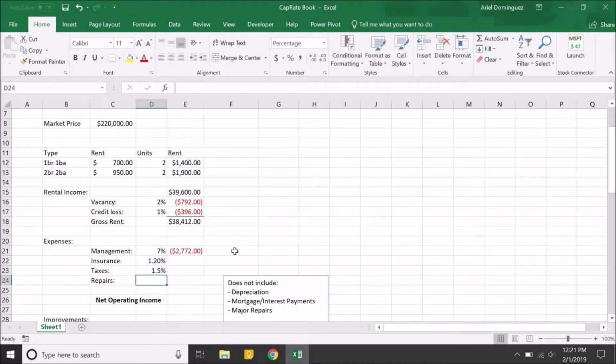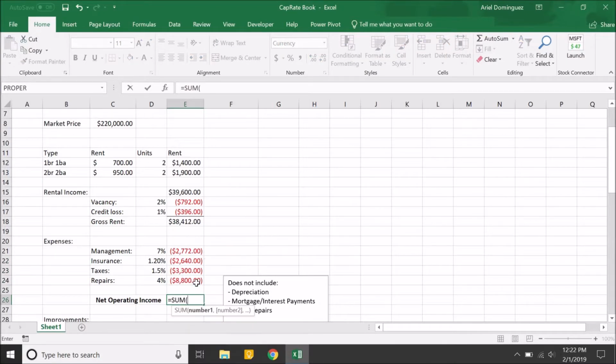And for repairs, let's give it 4%. And again, this is just going to be the market price times the percentage. And I'm going to drag this down to get the total expenses for the property. Now for the net operating income, we're just going to take the gross rents minus the expenses for the property.